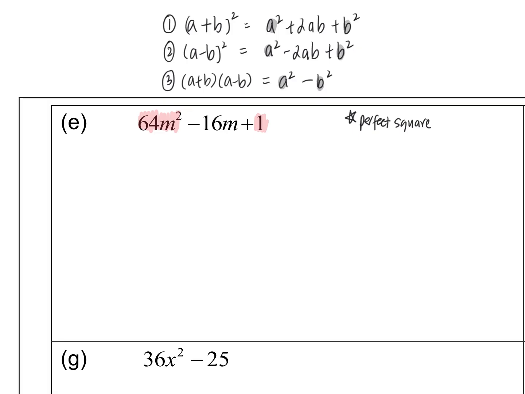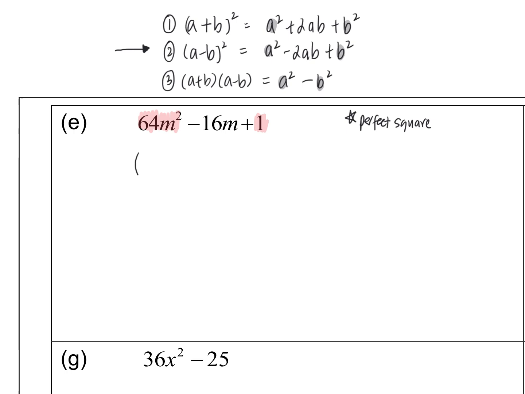So I check, yes, 64m squared is a perfect square, 1 is a perfect square. So it must be linked to one of the identities that you see up there. So make a strong guess. What do you think it is? Is it 1, 2 or 3? 2. Why? Because there's a minus in the middle term. So you will suspect that most likely I need to use 2.